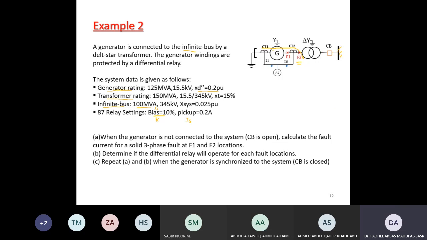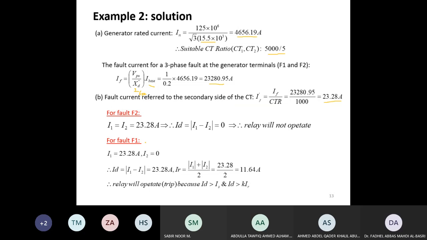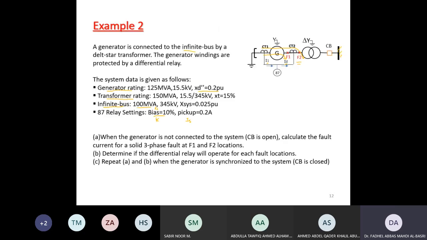So it's only CT1 that carries fault current. So for fault 2, I1 secondary and I2 secondary are the same, which is I fault divided by the CT ratio. The differential relay difference between these is 0, and the relay will not operate. This is the correct action because the fault is beyond the two CTs.